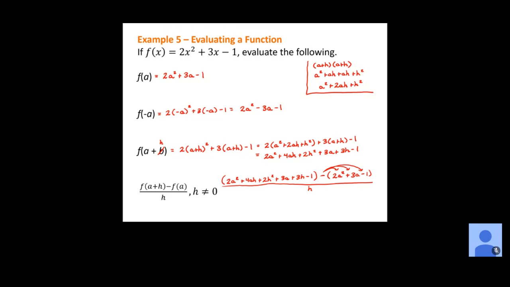Okay, so everything in that set of parentheses is going to cancel with something we already have, right? Because if you notice here, we've got a positive 2a squared. I'm subtracting a 2a squared. That's going to cancel out.